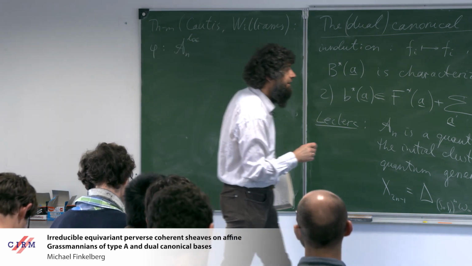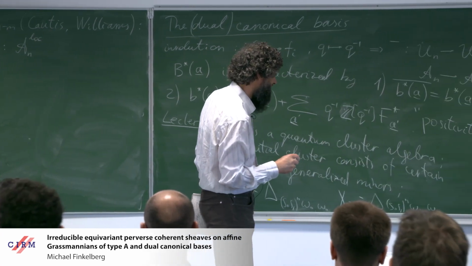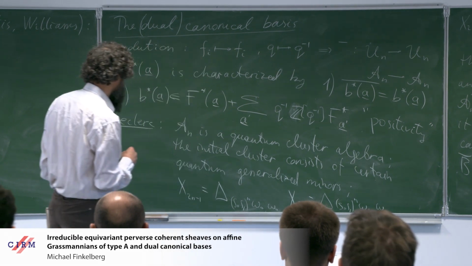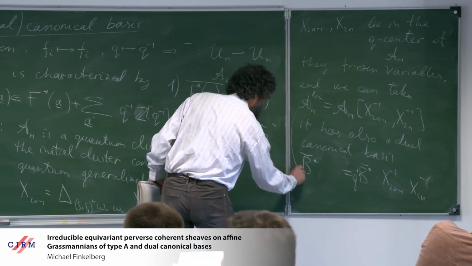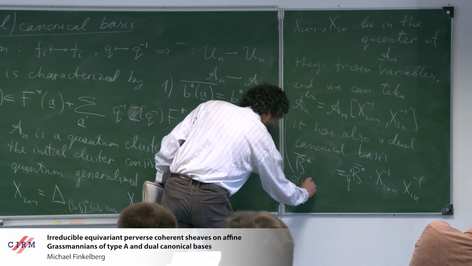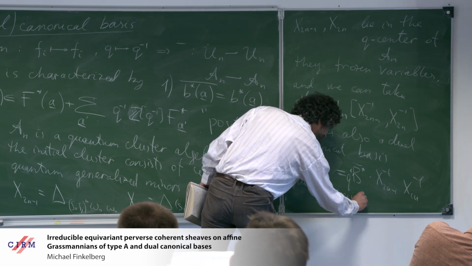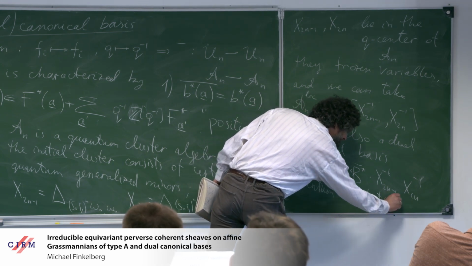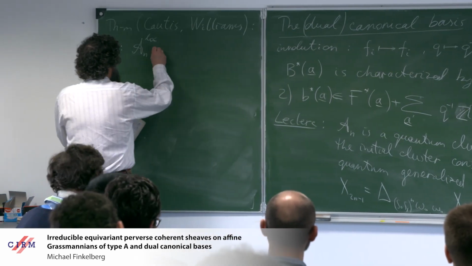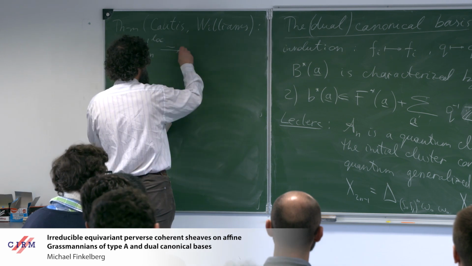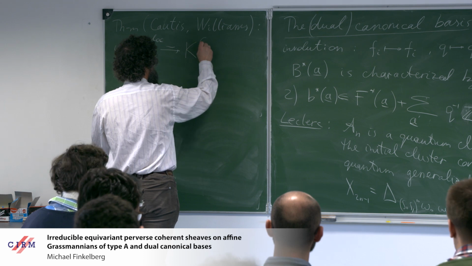In fact, it is called the quantum unipotent cell. It is isomorphic to our quantized Coulomb branch, K-theoretic.